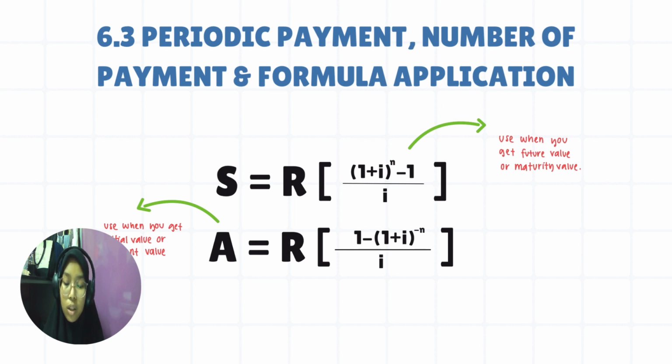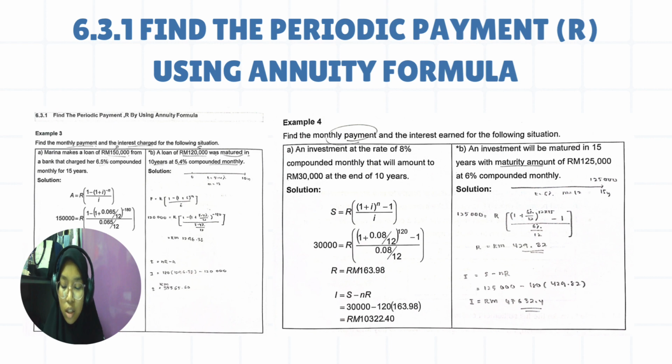We use the future value formula when the question gives us either future value or maturity value information. But we use the present value formula when the question gives us the initial value or present value information. So next, let's move on to 6.3.1.